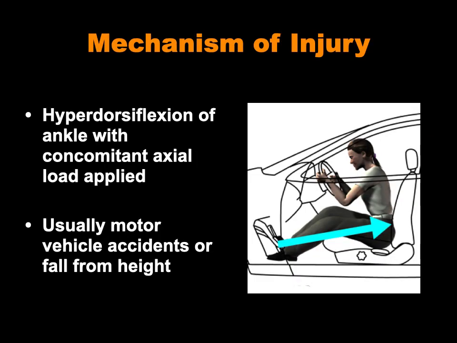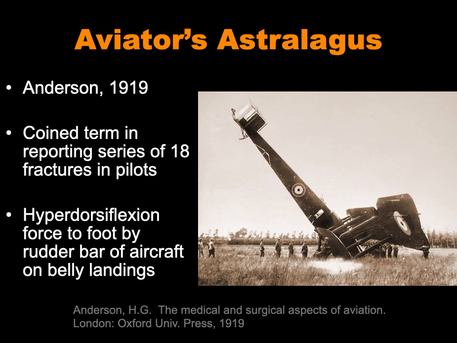The mechanism of the talar neck fracture is a hyperdorsiflexion mechanism of the ankle with concomitant axial load applied. This is usually seen with motor vehicle accidents or falls from height. Historically, the talar neck fracture has been called the aviator's astragalus.